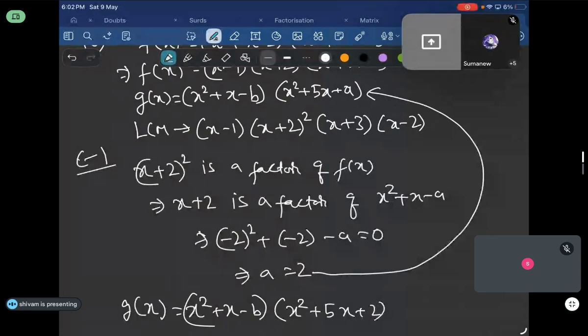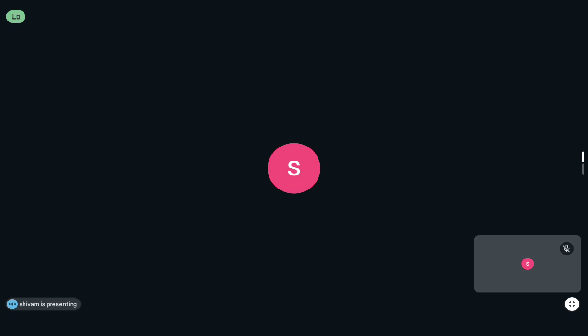Further, even if you think that x plus 2 whole square is the factor of this expression, okay. So you've got x plus 2 over here, and another one will be, if x plus 2 is a factor of this expression, what will be the other factor? a is 2, other factor will be x minus 1.